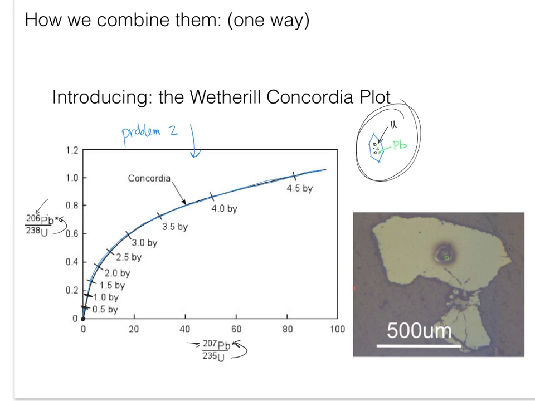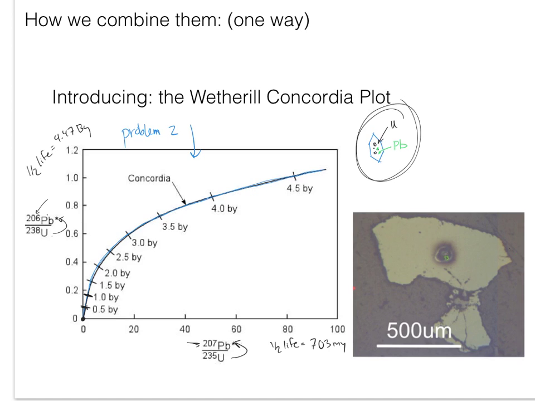All right, now the decay rates are a little bit different. You remember that the half-life of 238 uranium is something like 4.47 billion years. And the half-life for the other system is something like 700 million years, 703 million years or so.